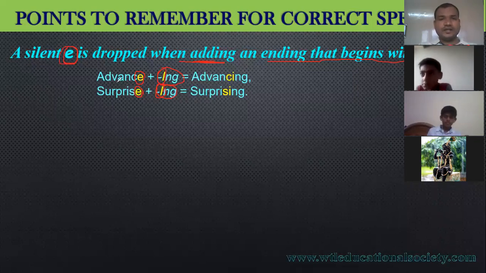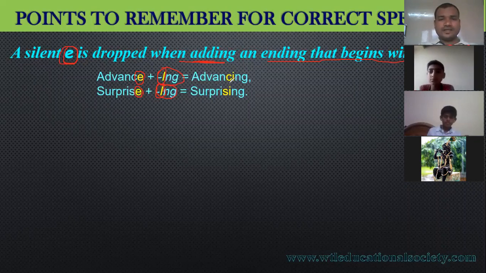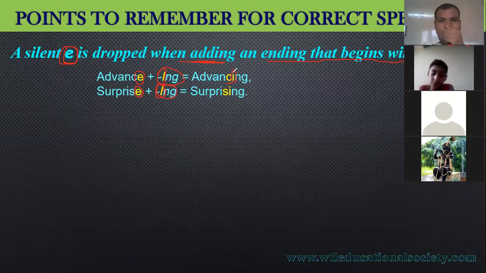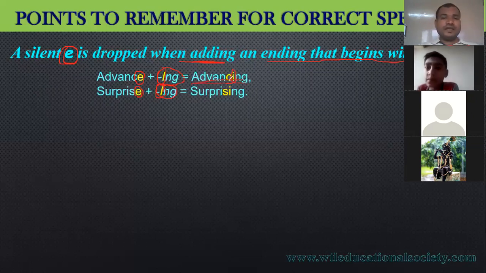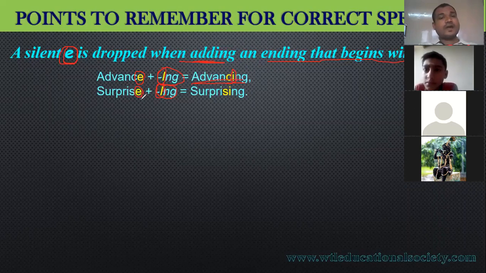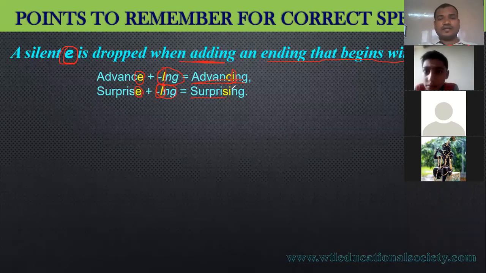In the first example, advance, there is an E after C. But after adding an ending, the letter E is omitted, so we get advancing. Similarly, surprise becomes surprising, the letter E has been dropped. Understood? Is it clear?